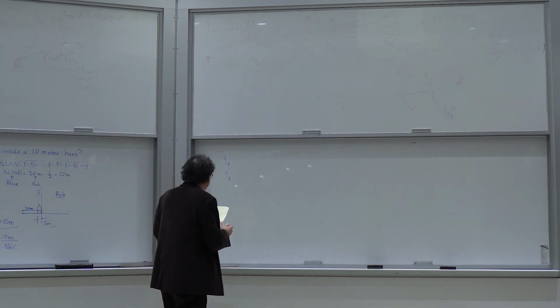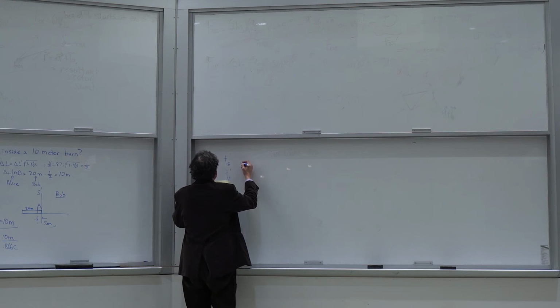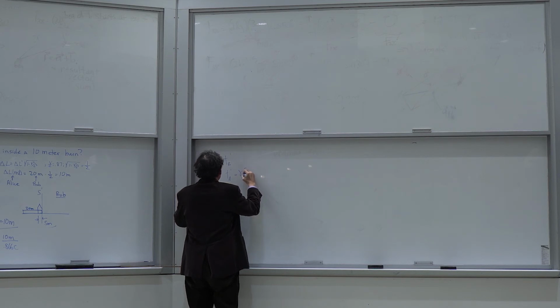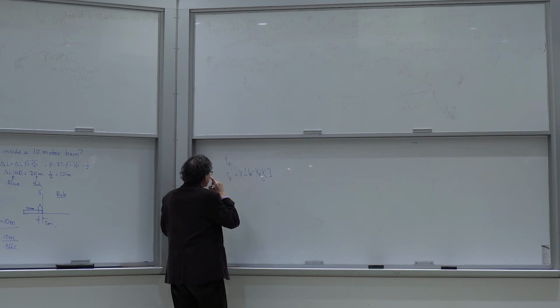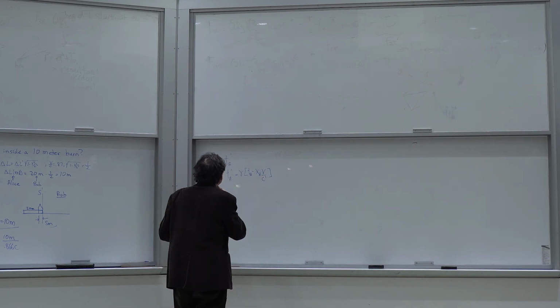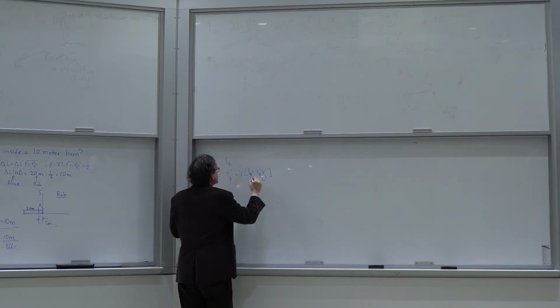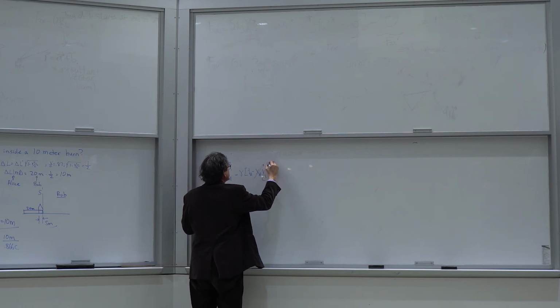So we do the calculation. Let's do T sub A prime first. This is equal to gamma times T sub A minus X sub A times V over c squared. Now, we know that the left end of the barn is at X sub A equals 0, so this term is equal to 0.